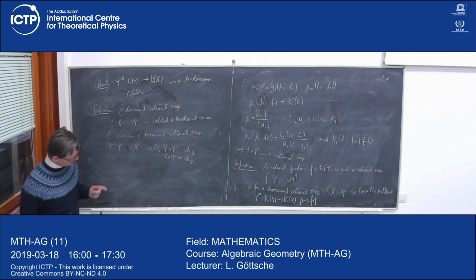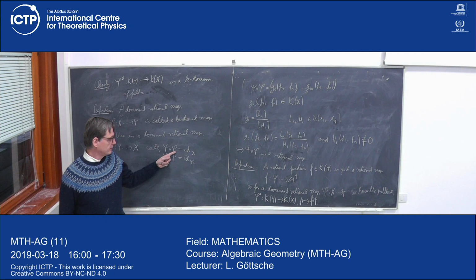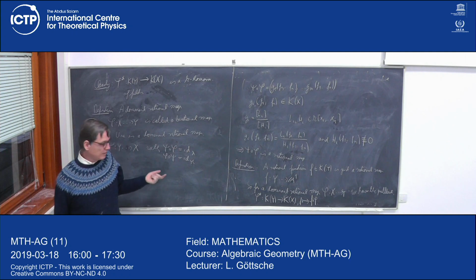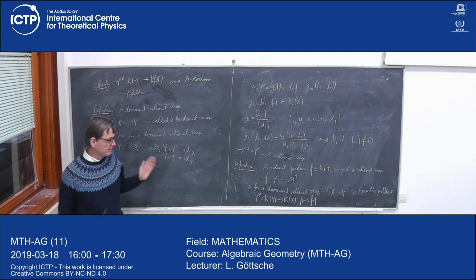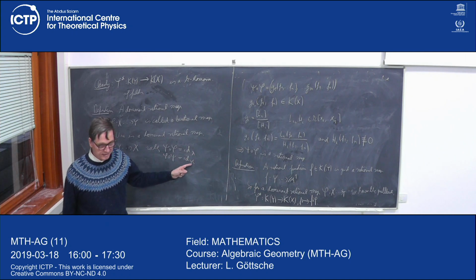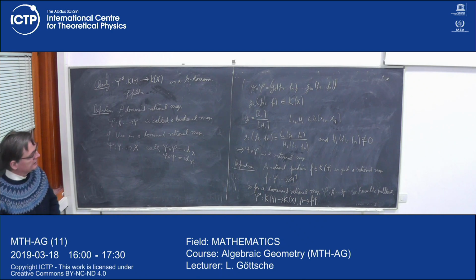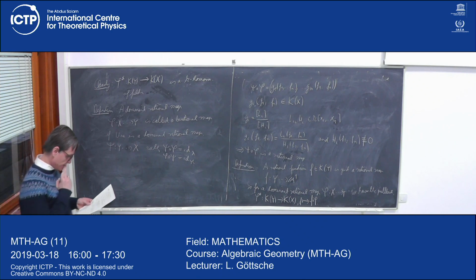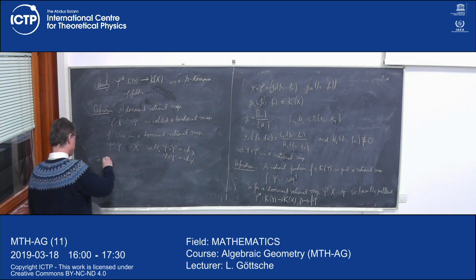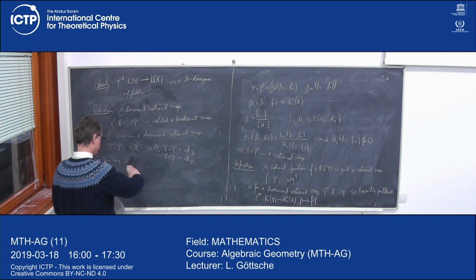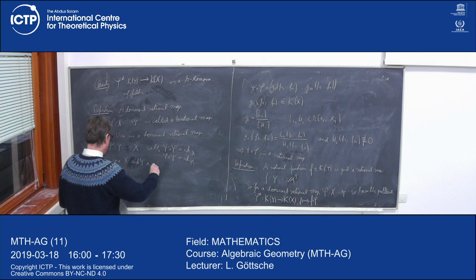That means that on some open subsets you can compose these two and they're the identity, but that means as rational maps it's actually the identity on x and the identity on y, because a rational map is determined by what happens on an open subset. Okay, so if a rational map has an inverse, then it's a birational map, and in this case we say that x and y are called something.